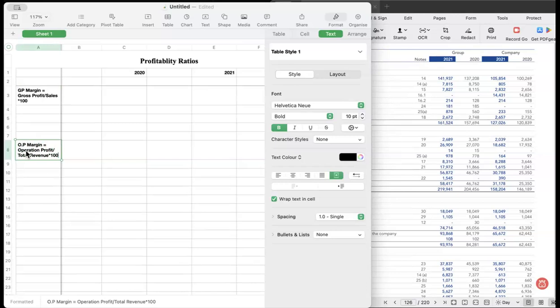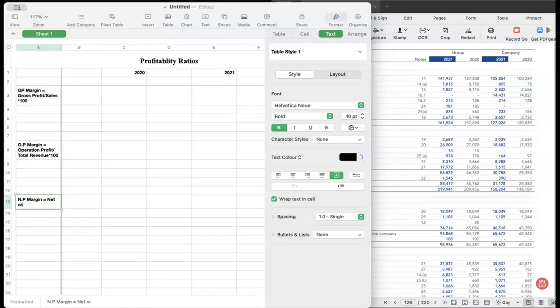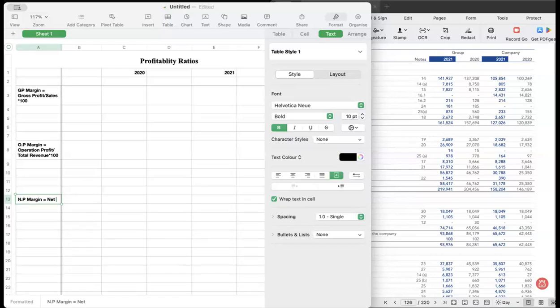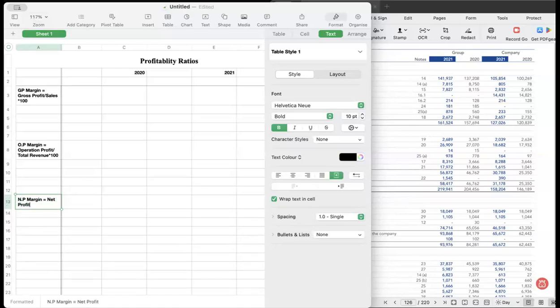And the other formula that I gave you, I think it was net profit, if I'm not mistaken. Net profit margin. Let's put NP margin equals net profit divided by sales into 100.